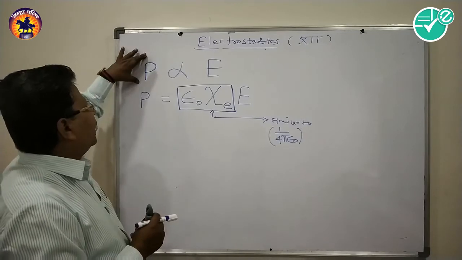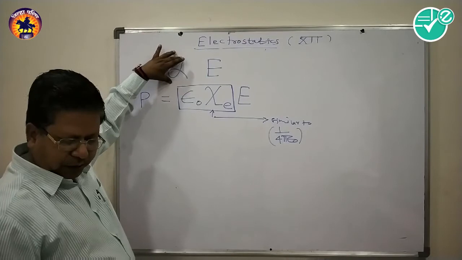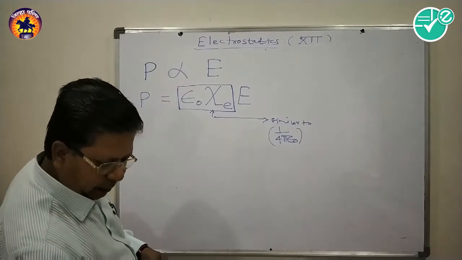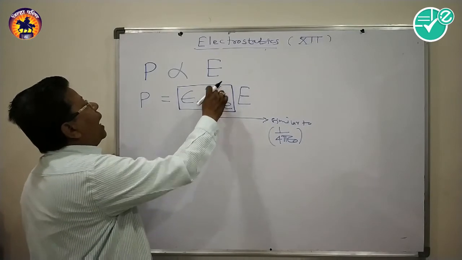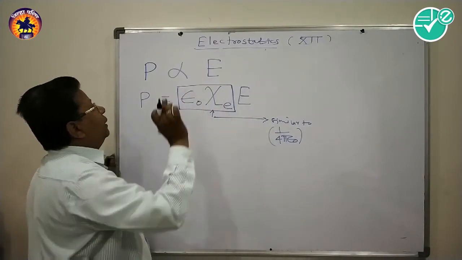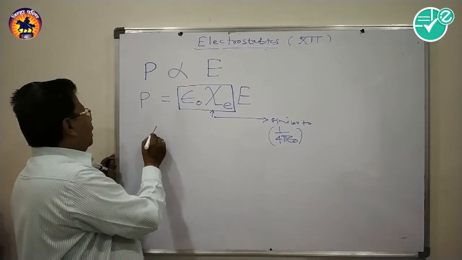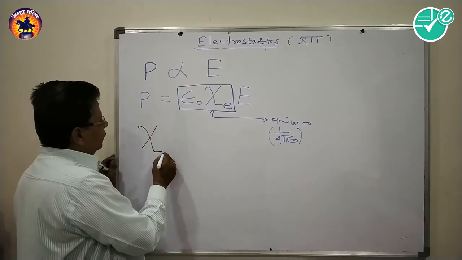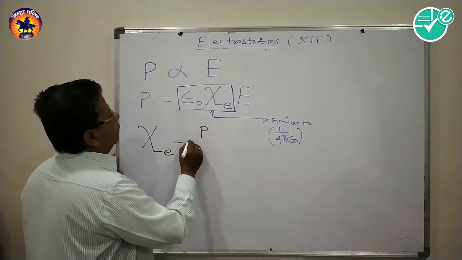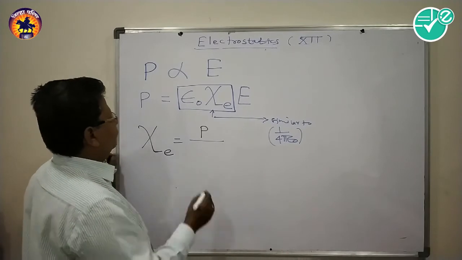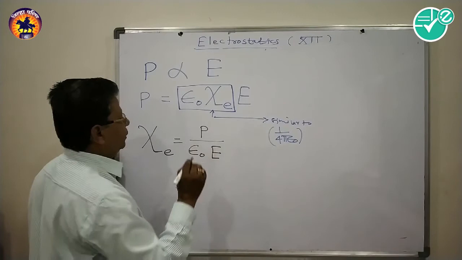So if the proportionality constant is replaced by the quantity epsilon 0 chi E, then from this expression we write chi E is equal to P divided by epsilon 0 into E.